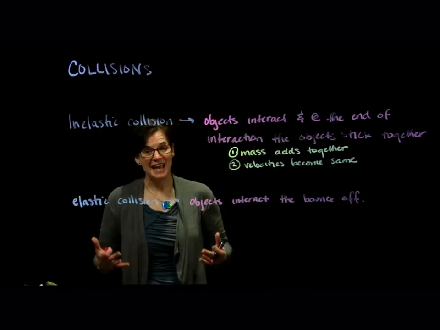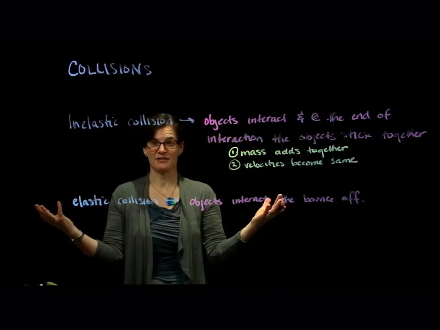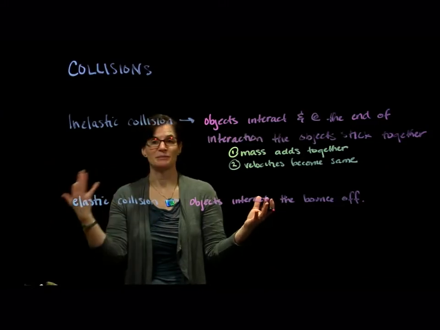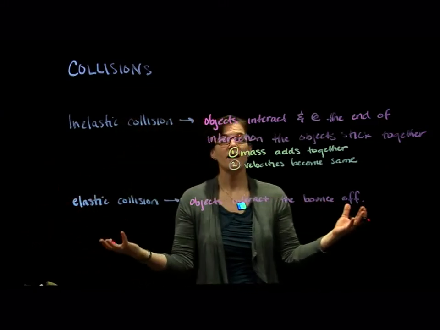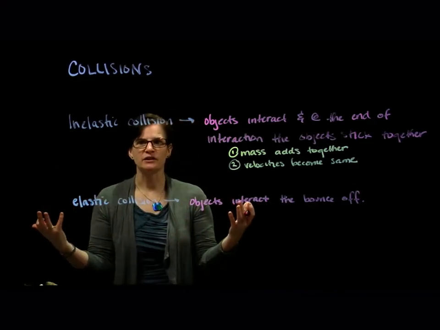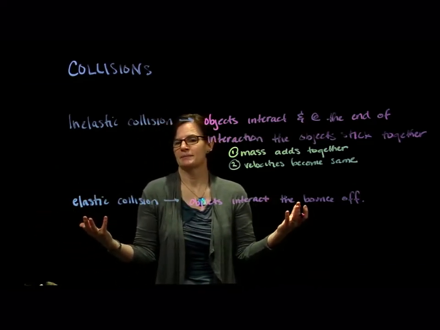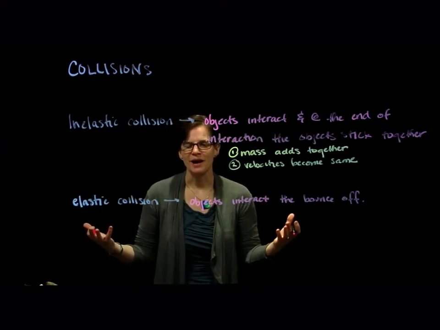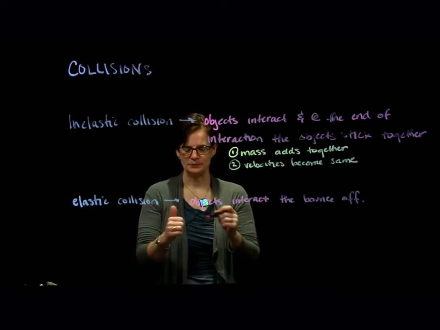Now, in this case, everything stays independent. Object 1 bounces like a billiard ball, hitting object 2, and their final velocities and their initial velocities are different. Their masses don't combine. Everything stays independent.